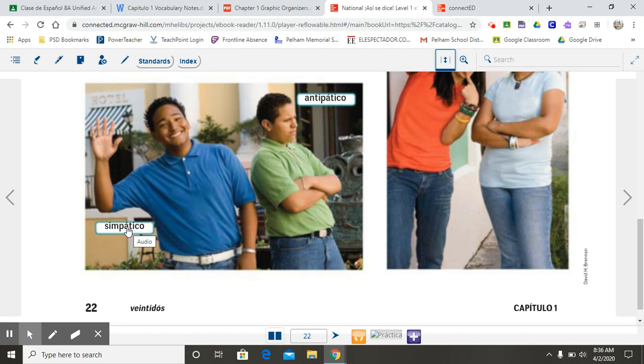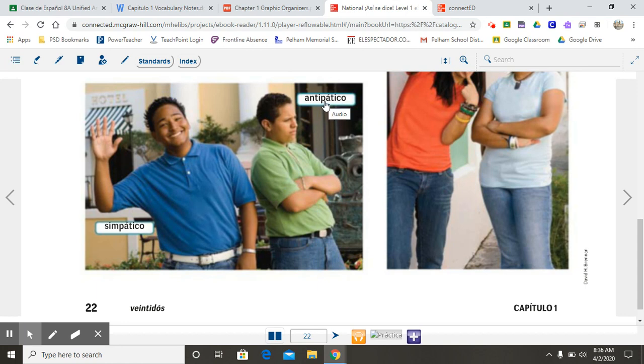Notice how these words have accents over the A. So for my Spanish speakers, the accents play an important part in how you say the word. This goes for everybody. I'm going to give you a perfect example right now. If this word did not have an accent, the way you would say this word is simpático.